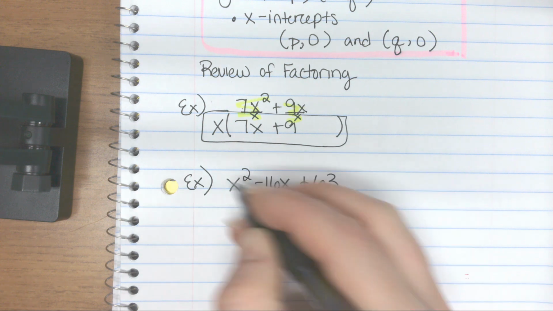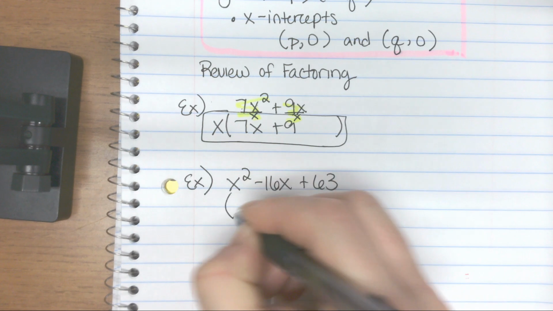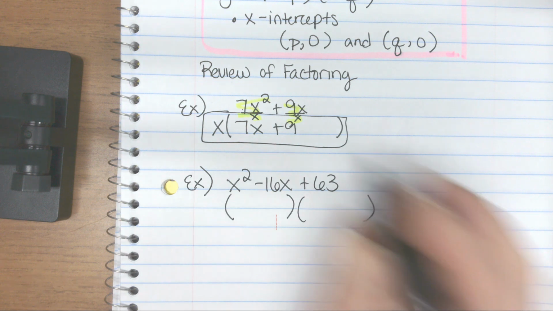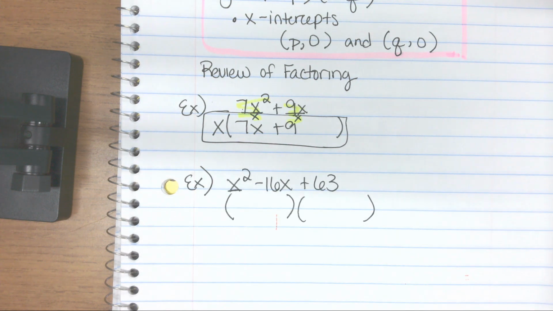What happens with binomial factoring is we are reversing FOIL. What does the F stand for? Firsts. O and I stand for the outsides times the insides, or the outers times the inners, and L stands for the lasts.